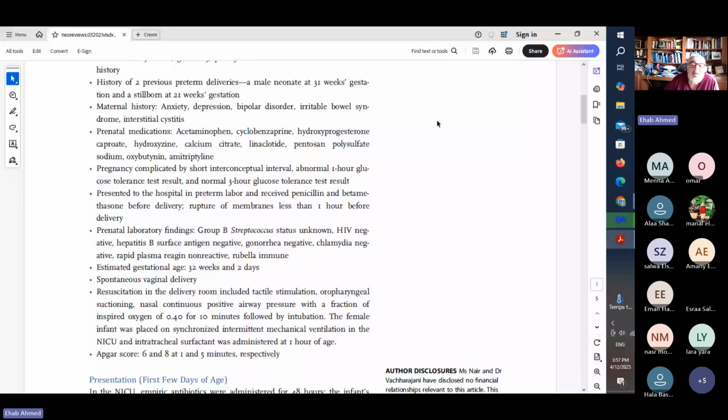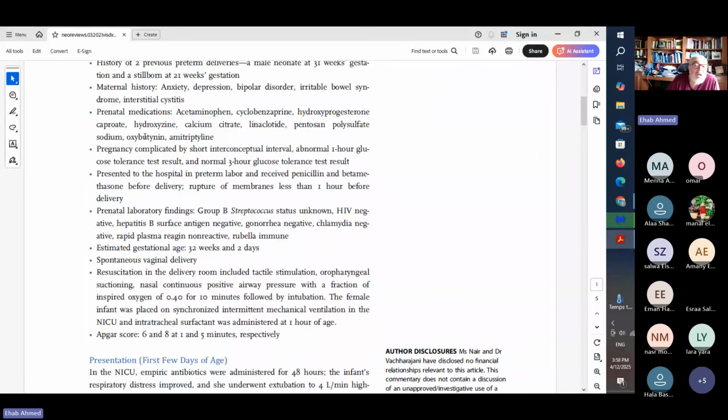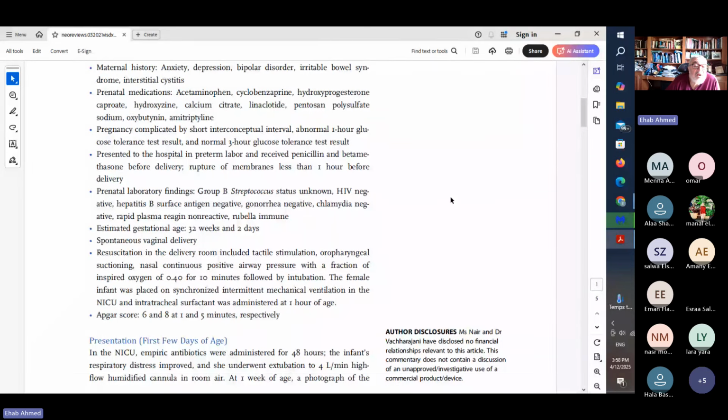Acetaminophen, cyclobenzaprine, hydroxyprogesterone caproate, hydroxyzine, calcium citrate, linaclotide, pentosan polysulfate sodium, oxybutynin. This is the only one I know that is for bladder irritability. Amitriptyline, whatever. I don't know most of these drugs.